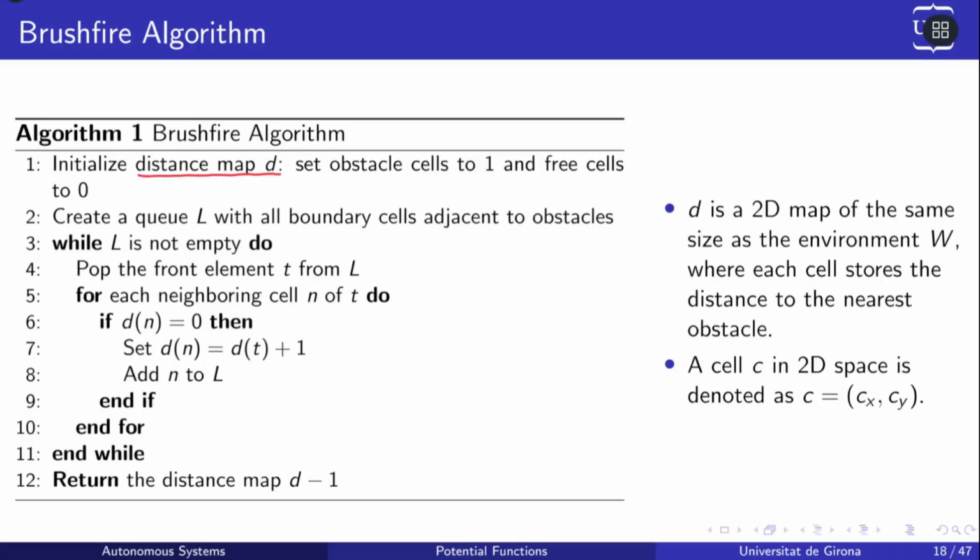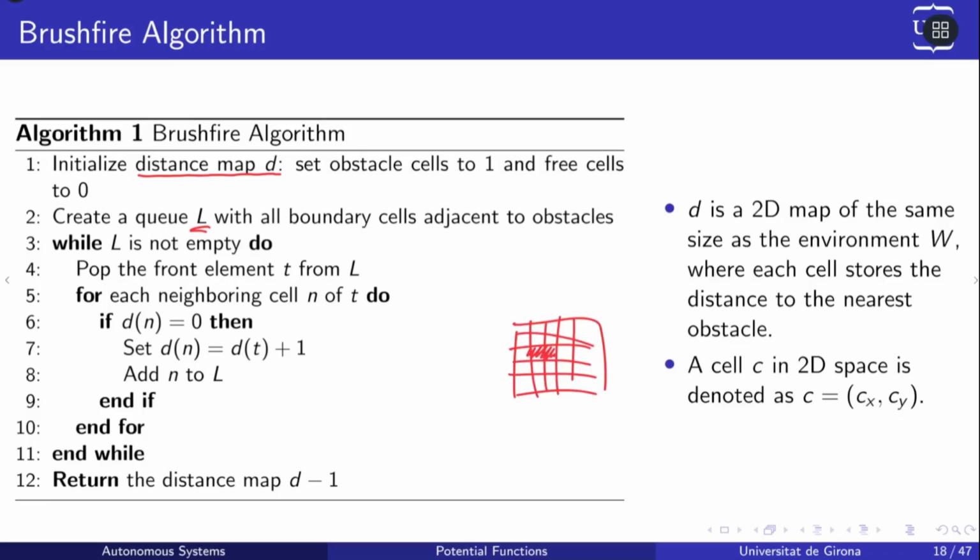Okay, this is in the environment map that I will give you. Then we will create this queue L, in which all the boundaries around an obstacle will be added. Of course, if we use connectivity 4 or connectivity 8, the boundaries have to be one or the other. I think everything will be clear when I show the experiment, but imagine that here I have an obstacle.